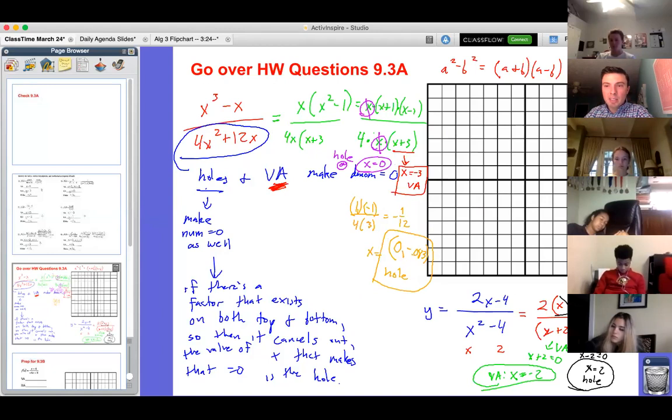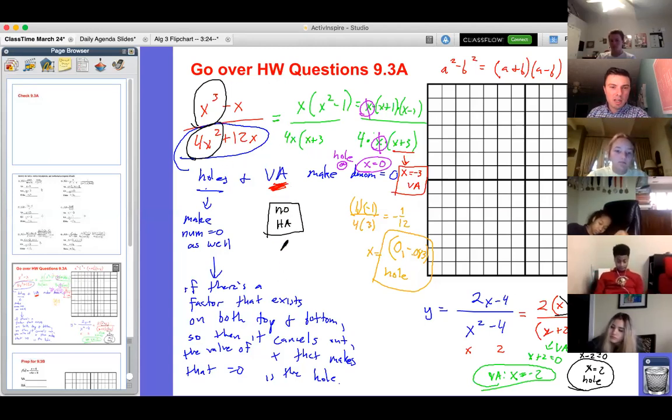How do we figure out what the horizontal asymptote is? Are we going to use the factored form or our original form? Original. We take our highest degree on bottom, highest degree on top. What does it mean when the degree is larger up top than it is on bottom?